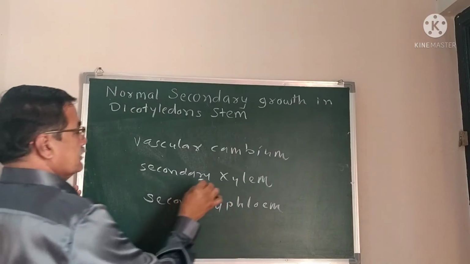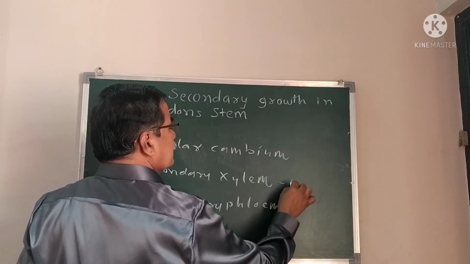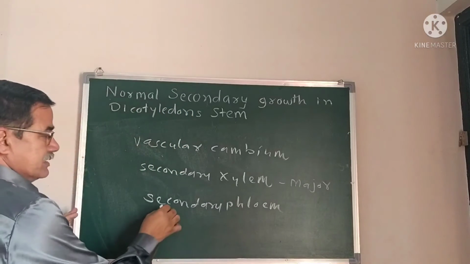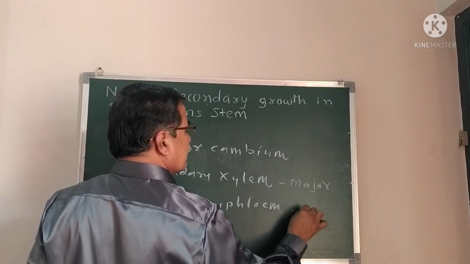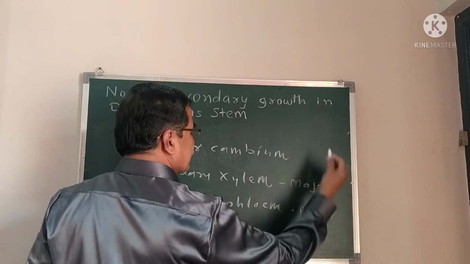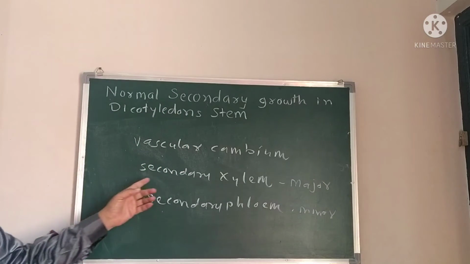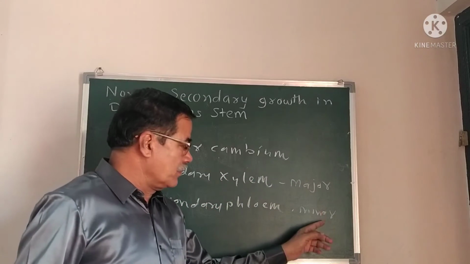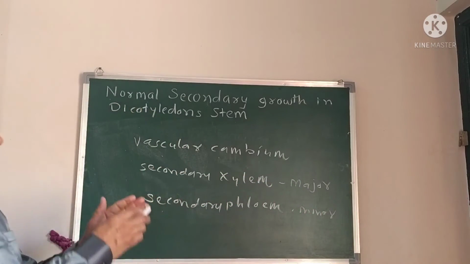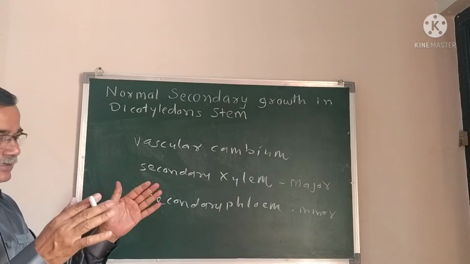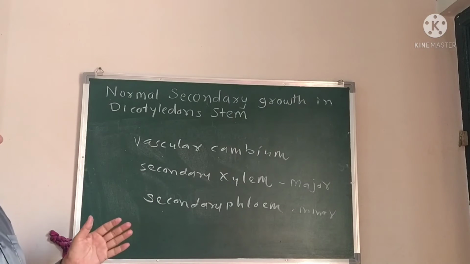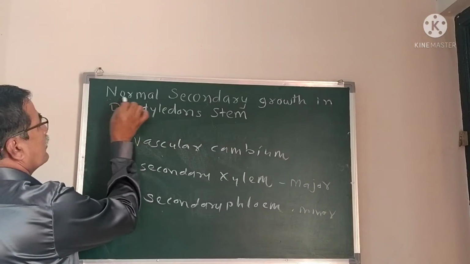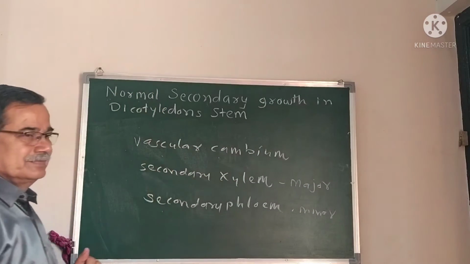Here, secondary xylem is the major portion and secondary phloem is a very minor portion. With the secondary xylem in the major portion and secondary phloem in a minor portion, the size, thickness, girth and diameter increase. Such growth is known as normal secondary growth.